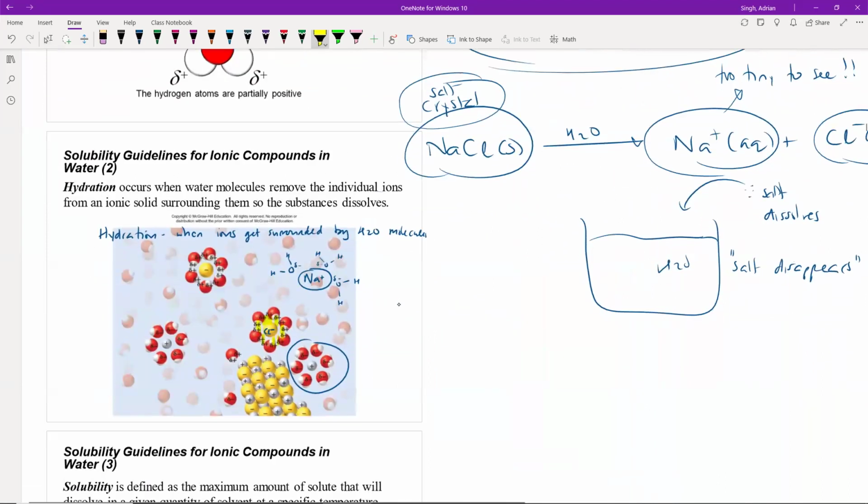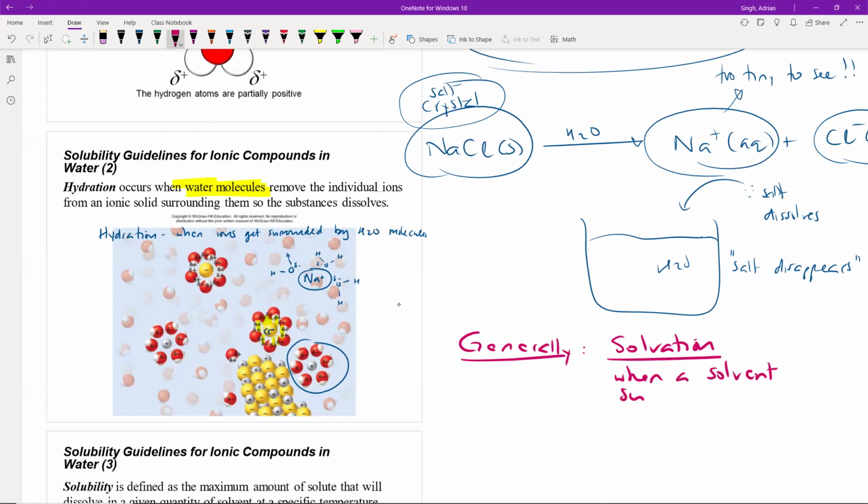Okay, so hydration is that specific example when water molecules surround the individual ions. That's a specific example. The general name for that process where a solvent surrounds ions is called solvation. This is when a solvent surrounds these individual ions.